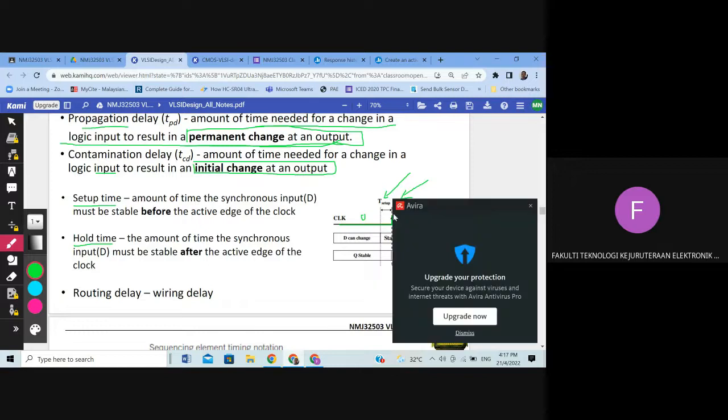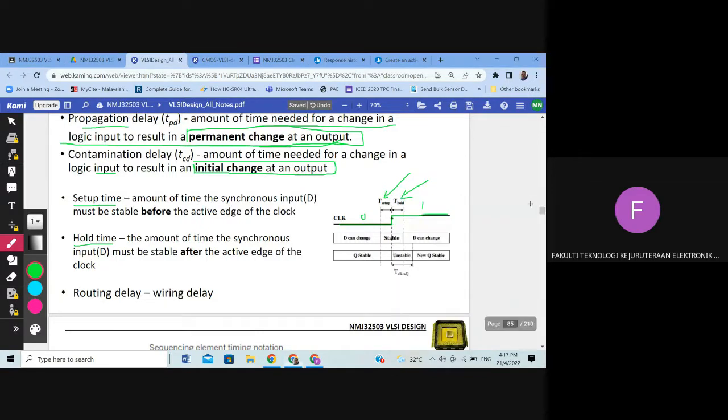So the boundary between the 0 and 1, a required amount of time that the synchronous input D must be stable. This is your flip-flop, input D, and this is your clock, CLK, and this is your Q. It's mentioned here, the amount of time the synchronous input D must be stable. That's the T setup.